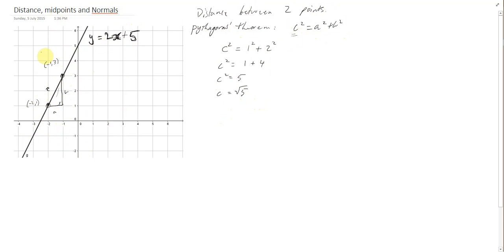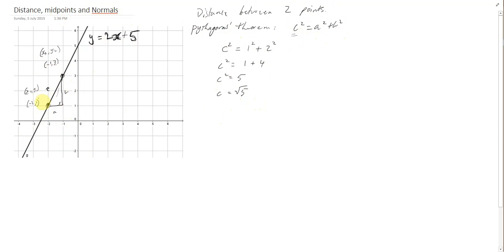Now, let's make a general statement about doing this. Imagine this point we'll call x2, y2, and this point we'll call x1, y1. So to get the length here of 2, it's the change in y. It is the 3 minus the 1. And to get this other length, it's the change in x.